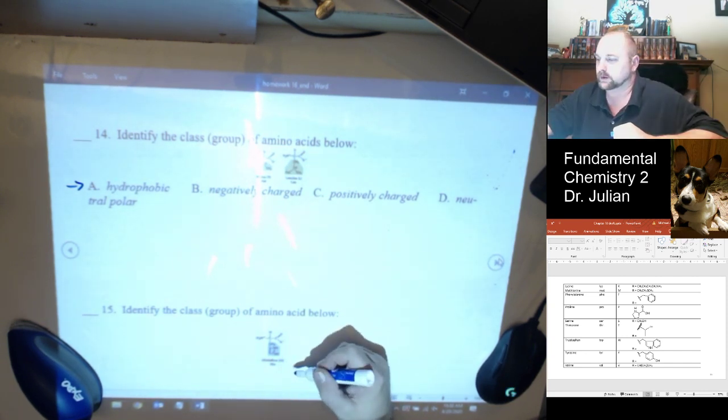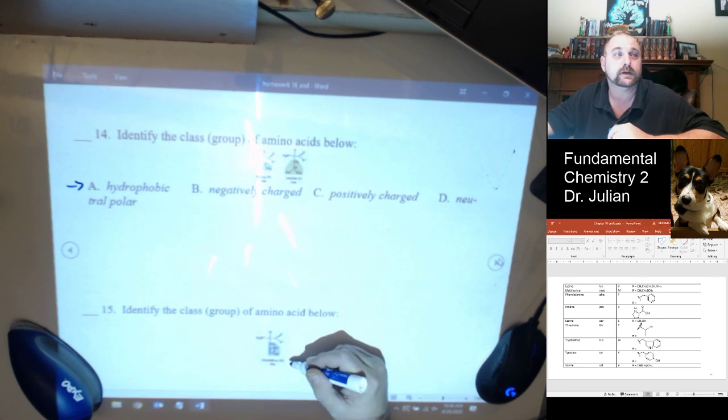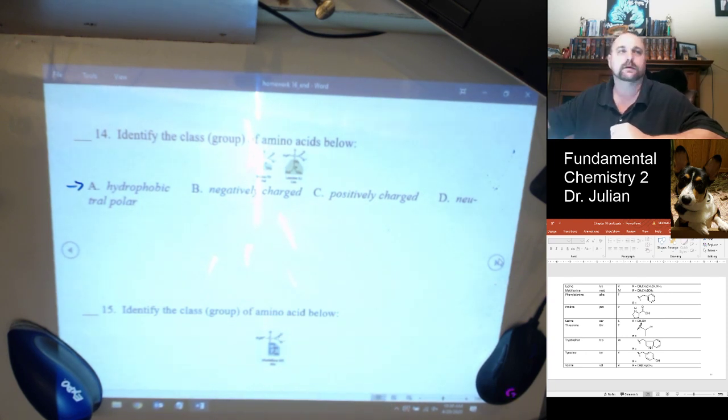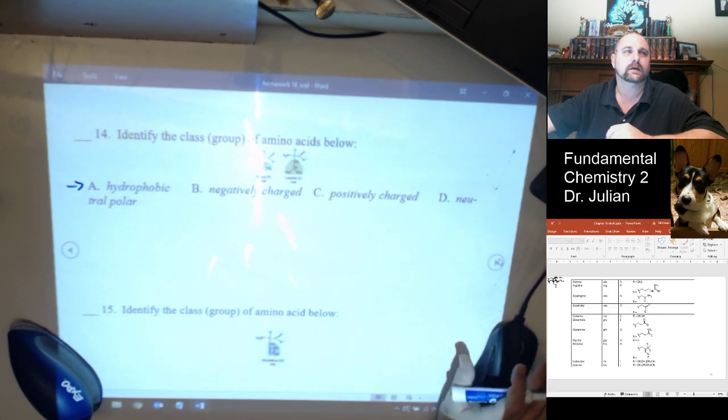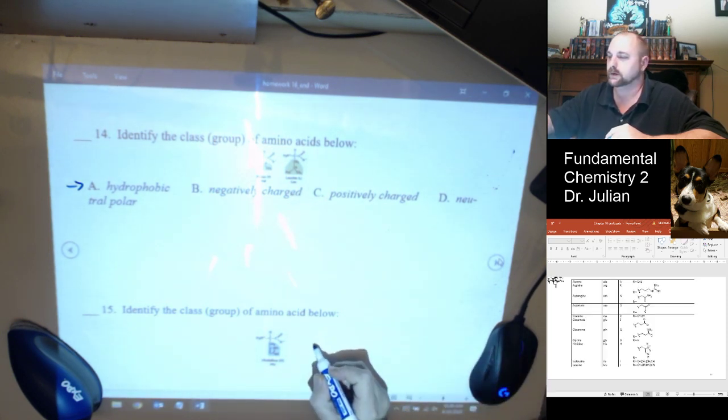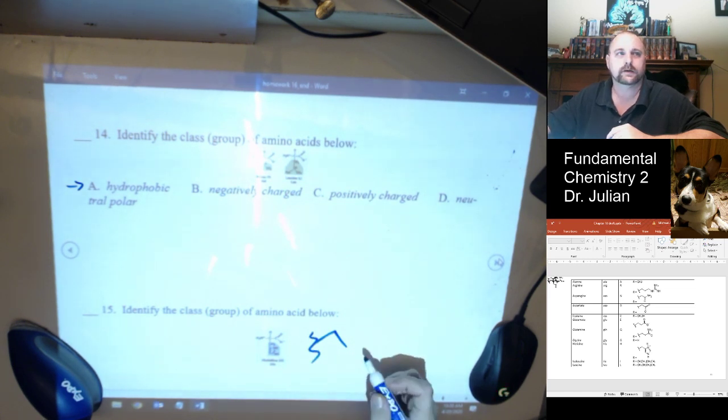Looking at this one, it says it was histidine. So let's draw that a little better. Looking at histidine as CH2, there's my zigzag, and then histidine has this five-membered ring.